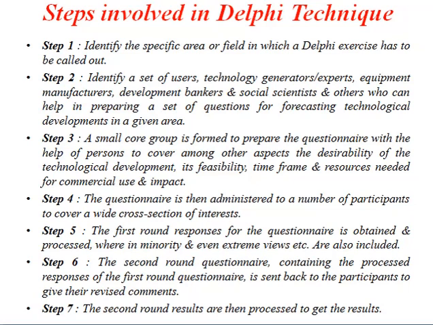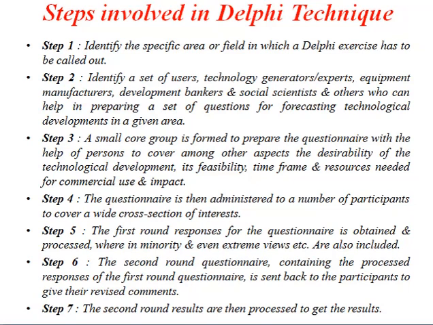We'll move on to the third step. Here a small core group is formed to prepare the questionnaires with the help of experts, to cover among other aspects the desirability of the technological development, its feasibility, time frame, and resources needed for commercial use and impact.